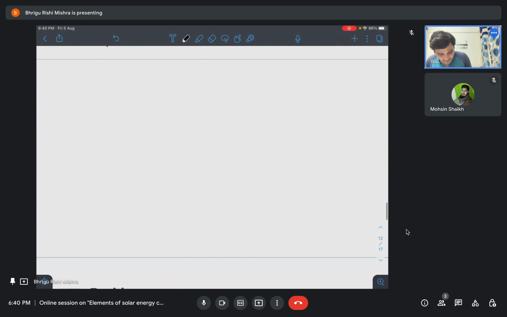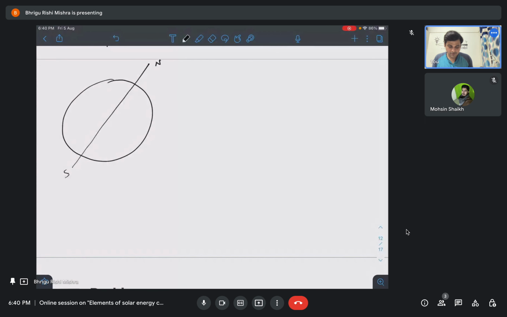So for example, suppose we have this earth, this is north and south, and this is the Tropic of Cancer, this is the equator, and this is the Tropic of Capricorn. Okay, so suppose the horizontal plane is somewhere here.